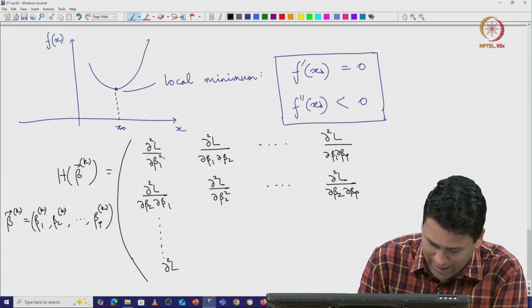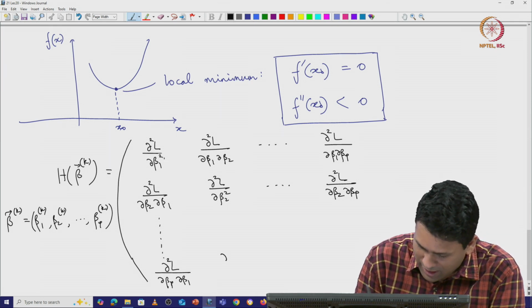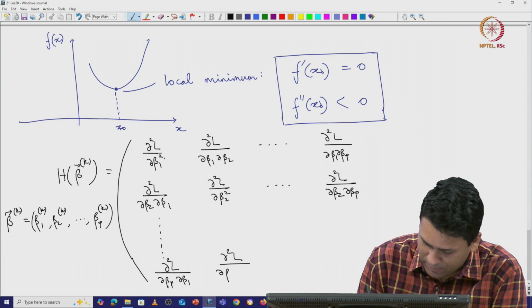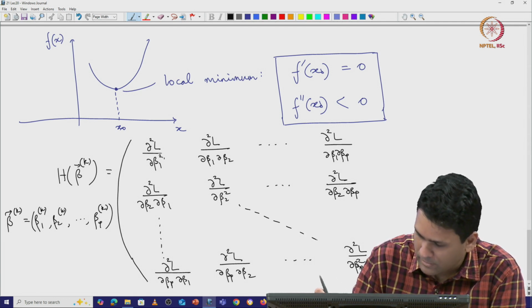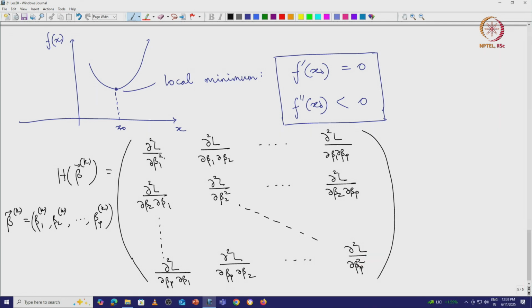It will be del square L del beta p del beta 1, del square L del beta p del beta 2, and all the way up to del square L del beta p squared. So, I hope you can see how the Hessian matrix is constructed.